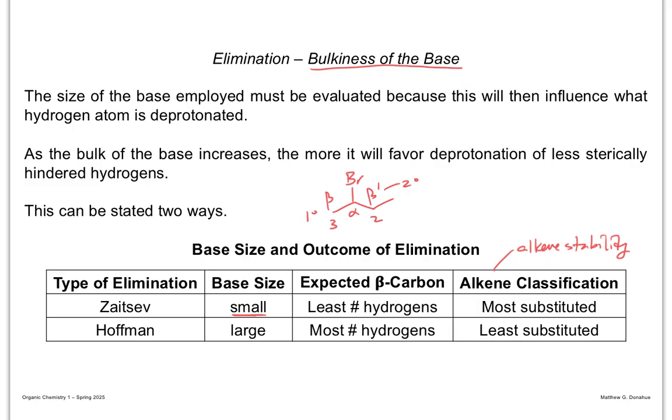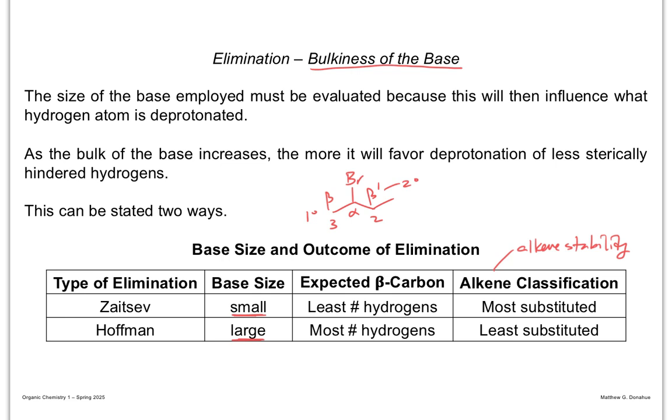Alternatively, if the size of the base is large, say potassium tert-butoxide, that is called a Hofmann elimination, and it goes after the beta carbon that has the most hydrogens. For 2-bromobutane, that would be the primary position, and then you end up with the least substituted alkene.